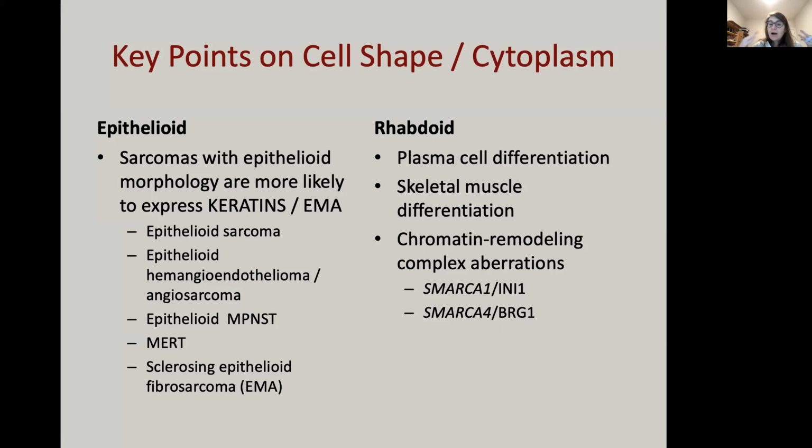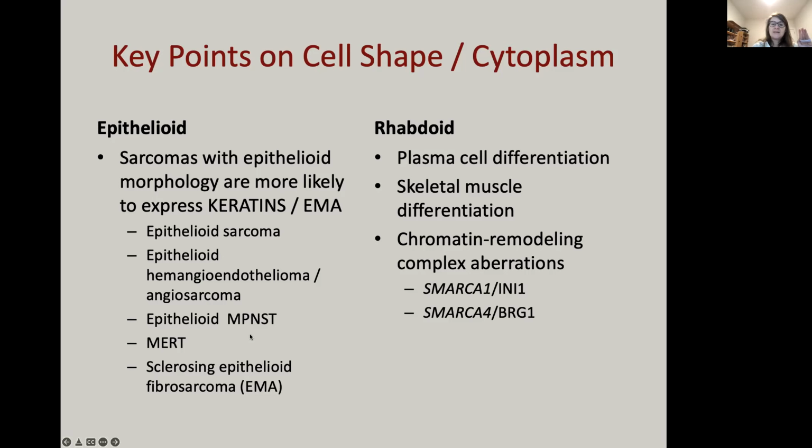But in today's day and age, what we're seeing quite a lot of are chromatin remodeling complex aberration associated sarcomas or carcinomas, that have loss of the SMARCB1 gene, which is the INI1 protein, or the SMARCA4 gene, which is the BRG1 protein. So whenever you see something that may have rhabdoid cells, just throw a desmin on there for skeletal muscle differentiation, and throw your INI and BRG on there for chromatin remodeling things.